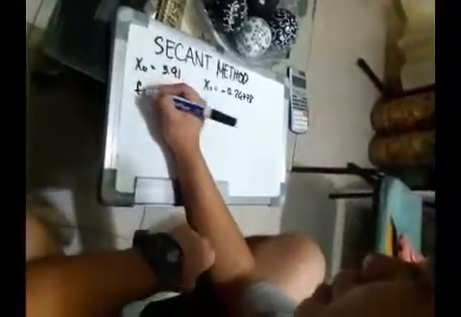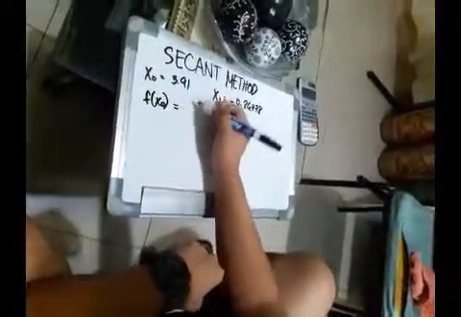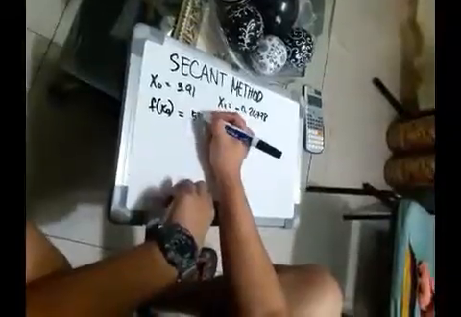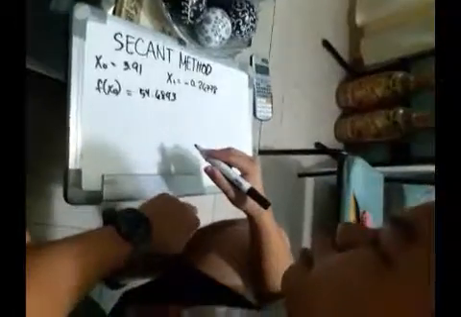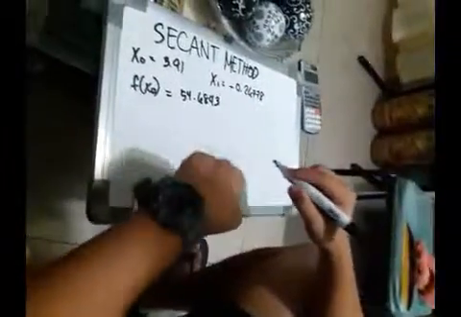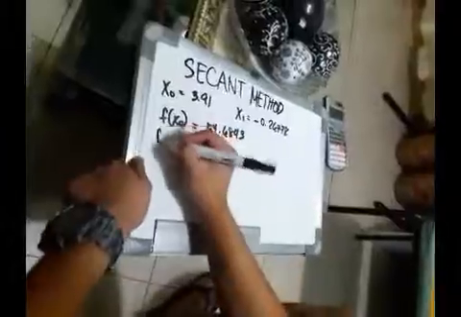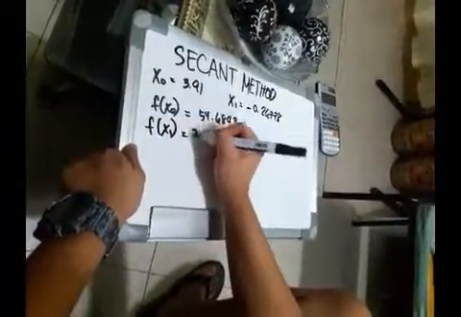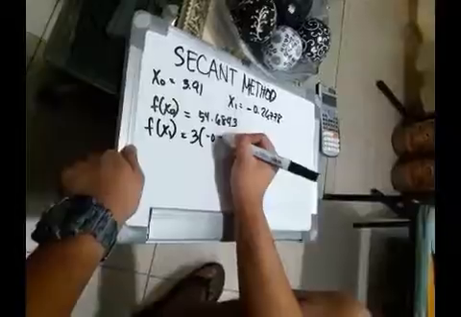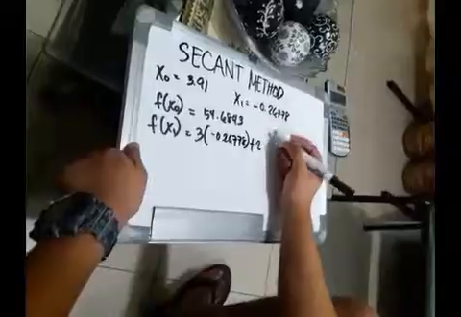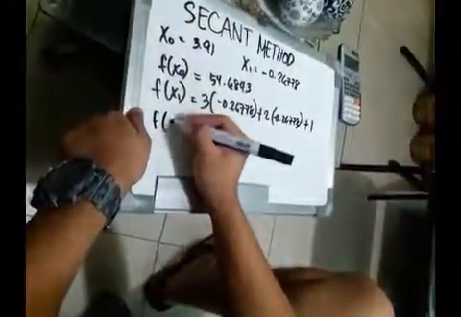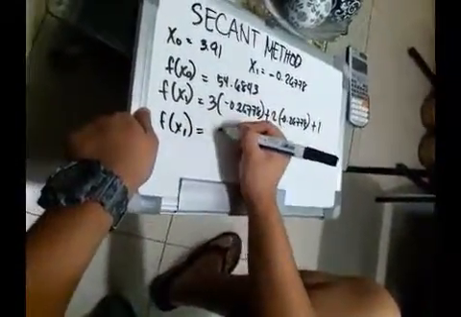So for f(x sub 0), the answer here will be 54.6843, like what we have done before. Then f(x sub 1): 3 times negative 0.26778 squared plus 2 times negative 0.26778 plus 1.